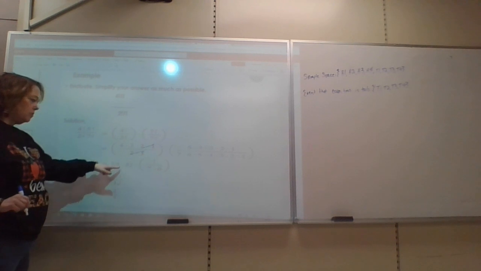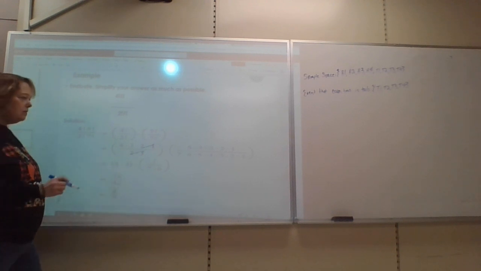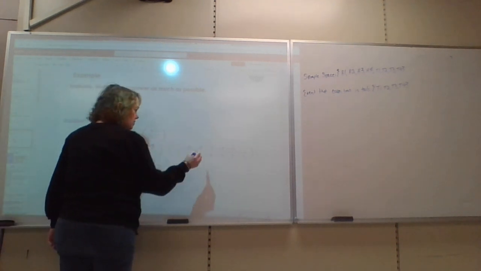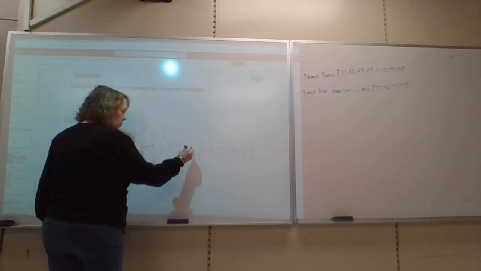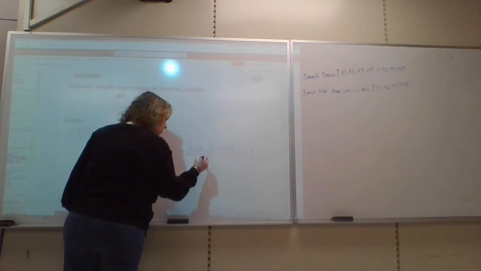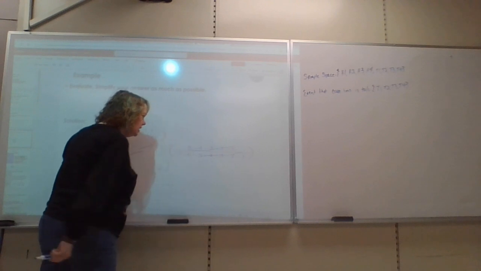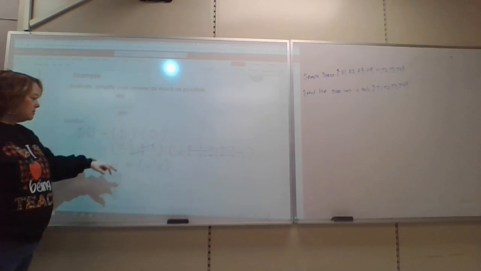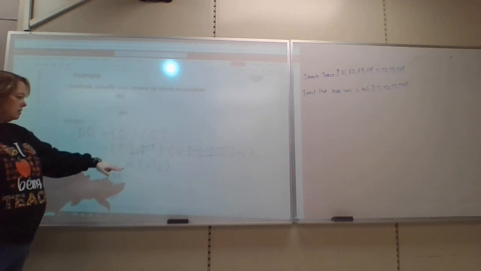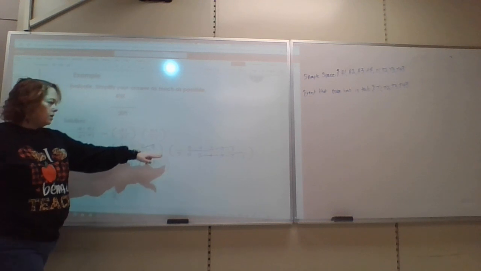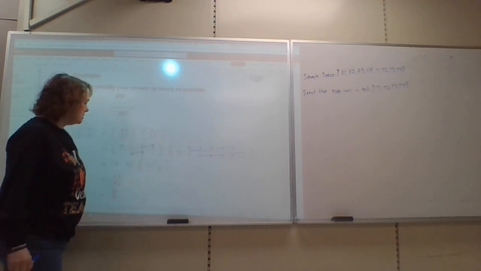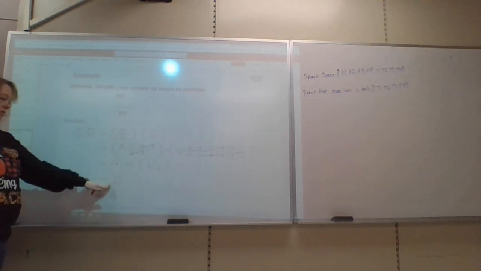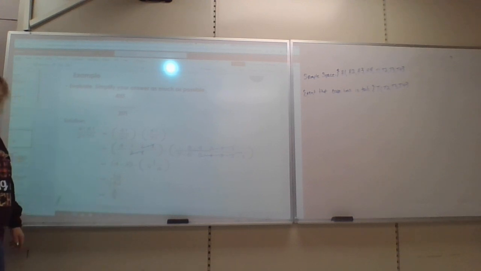Leave you with a 4 times 3. And then we have 5, 4, 3, 2, 1, and 7 times. So we would cancel those out, and you cancel those out. Leave you with a 4 times 3 times 1 over 7 times 6, which is 12 over 42, which reduces to 2 over 7.